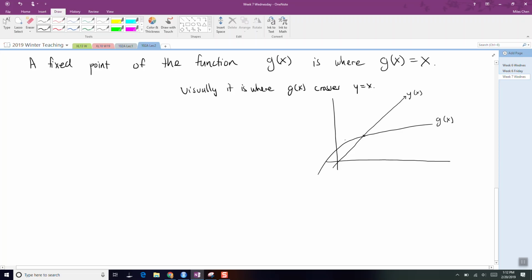And this here is a fixed point. Fixed point of g of x.